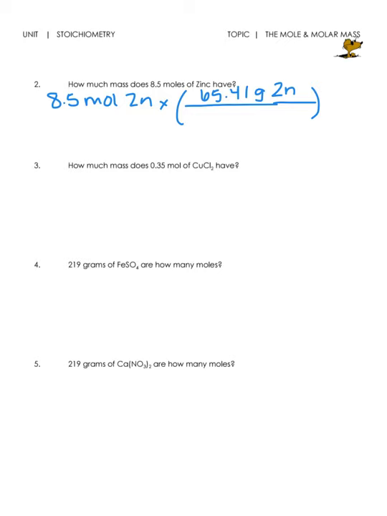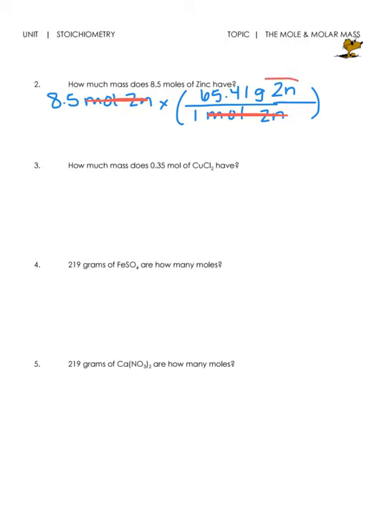So the molar mass of zinc is equal to 1 mole of zinc. And just as a reminder, I know that the 1 mole of zinc goes in the denominator because the units in the denominator have to cancel the units of the given. So that's how I know I've set this problem up correctly.